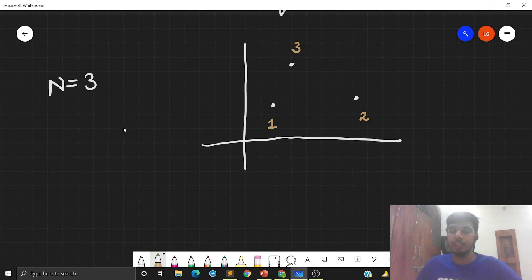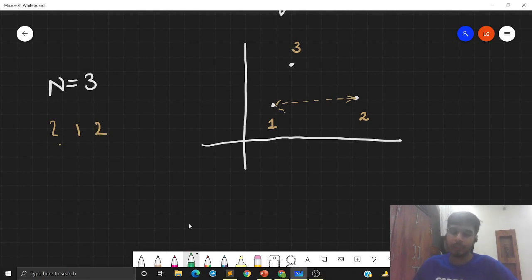Now suppose my first query is 1 and 2, I ask the distance between these 2 points and I get something as my answer. Can I figure out the coordinates of point 1 and point 2 somehow? Looks like no, we can't figure out, right? Because we don't have any information about this point 1.